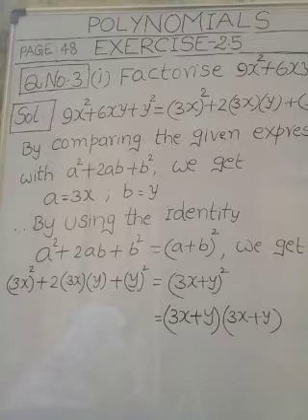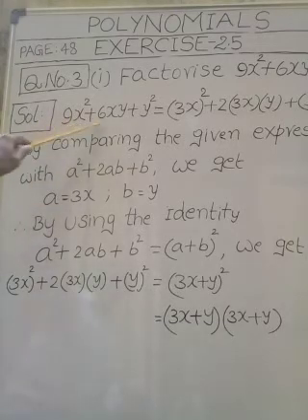We have to factorize this algebraic expression by using a suitable identity. They will not give the sentence clearly, completely, but we should use a suitable algebraic identity to factorize this algebraic expression. Okay, my dear children? Right.